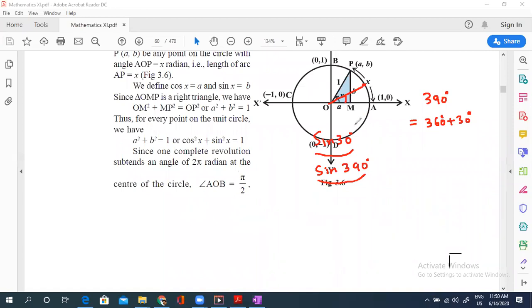So 360 is one complete rotation, then 30. So this point will be same now, right? Got it? So you should remember this, okay?